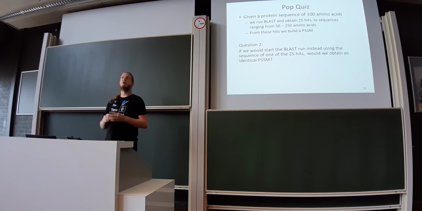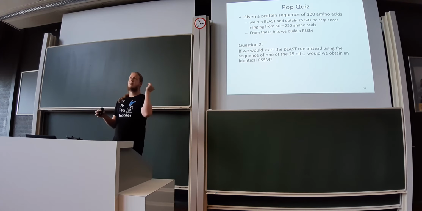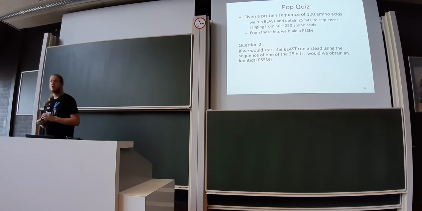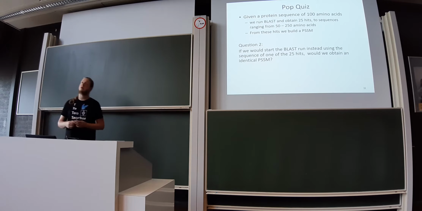So, while you would expect roughly the same actual position scores for the aligned positions, the hits themselves have a different length. So the number of rows in our PSSM, if we start with one of the hit sequences, must be different than the query sequence.